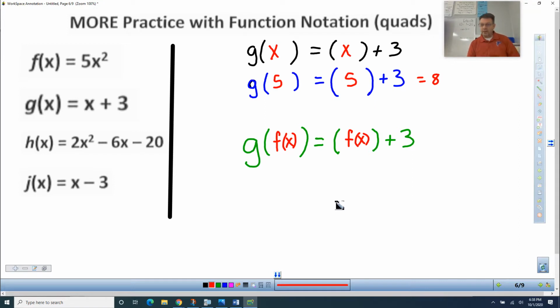Now that I have written it, I can think, all right, can I substitute anything in for this? Okay, well, I still have something plus 3 here, right? So is there anything I could take f of x out and then put something like it in? Sure. F of x is equal to this thing next to the equal sign.